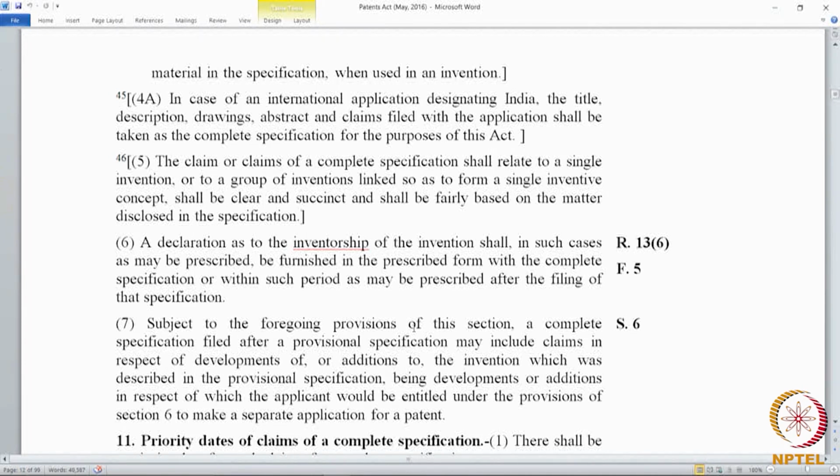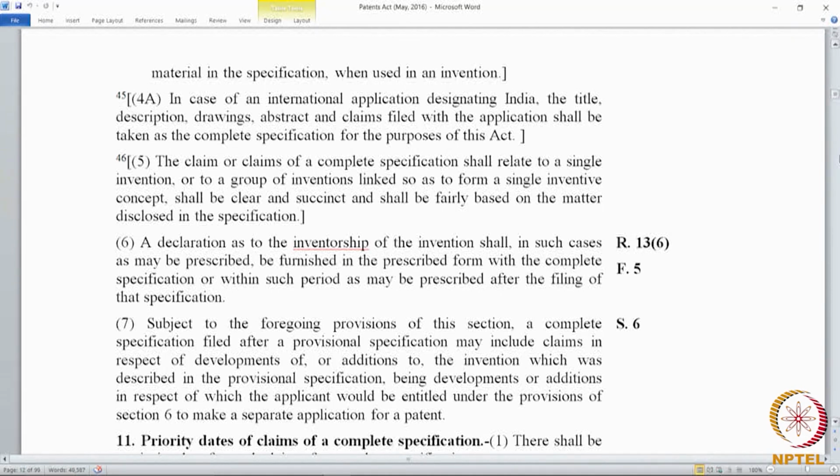The claims shall also be fairly based on the matter disclosed in the specification. This concept is called fair basis, which states that the claims are based on the matter that has been disclosed in the specification. This requirement is critical because a person cannot make a claim of something that he has not disclosed.